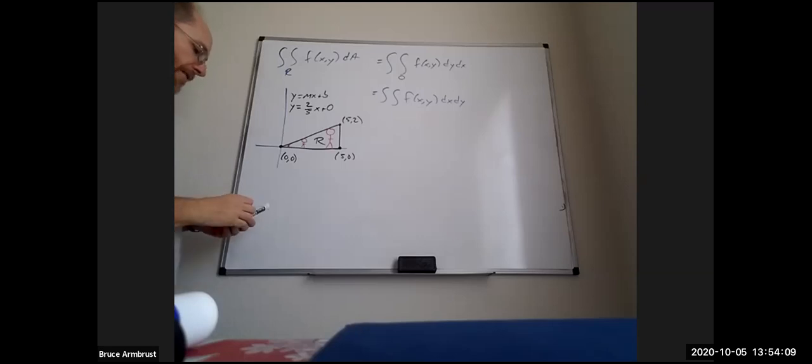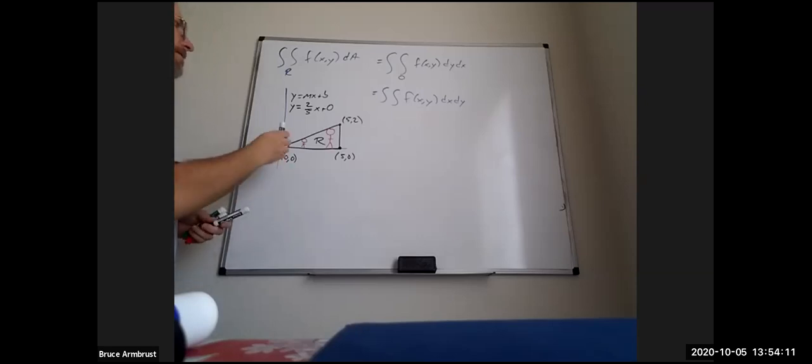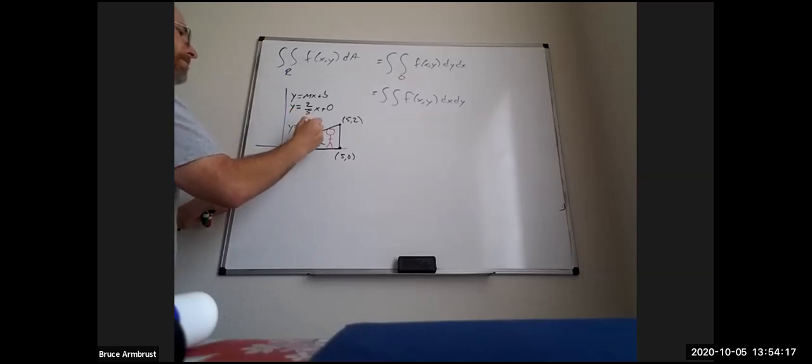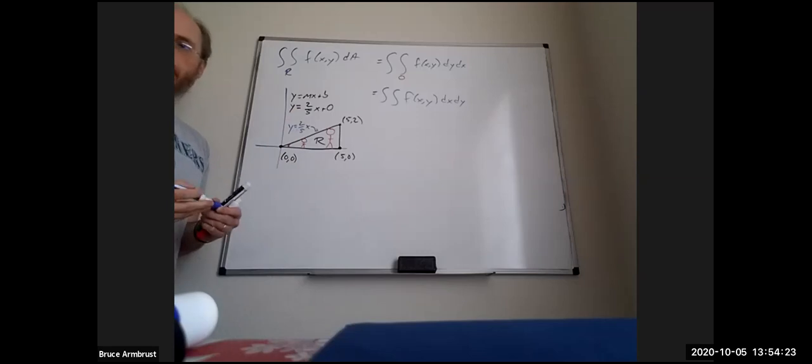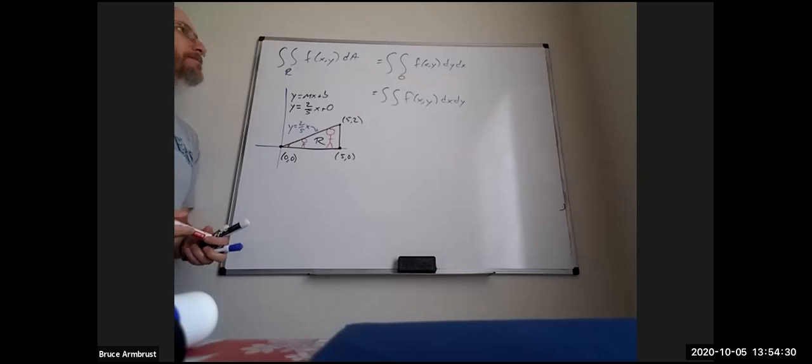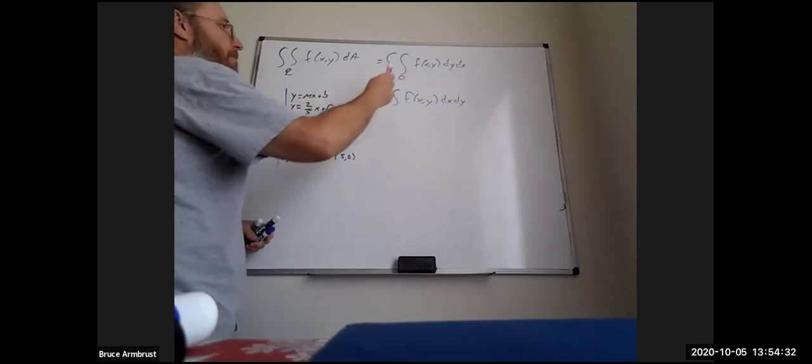So the equation of this line is y equals 2/5 x. So that's going to be the upper bound. The head is y equals 2/5 x.